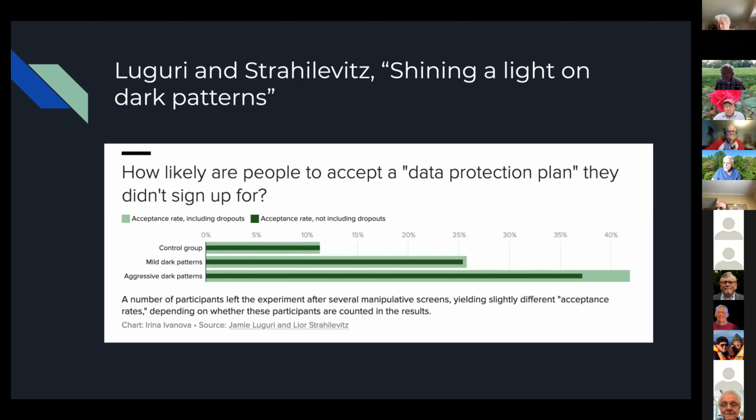But at the same time, the really aggressive dark patterns had an even higher acceptance rate. Depending on whether you count the dropouts as leaving or as accepting the data protection plan, the acceptance rate either tripled or quadrupled. Nearly quadrupled with these new manipulative design techniques.